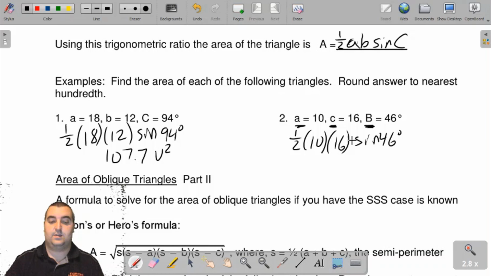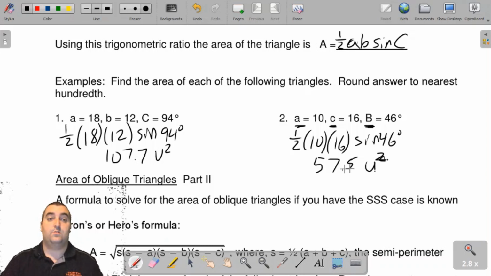Multiply it out on the calculator and you get 57.5 units squared. Ooh, that's an ugly squared. So there is our first formula, used when you are given two sides and the angle in between.